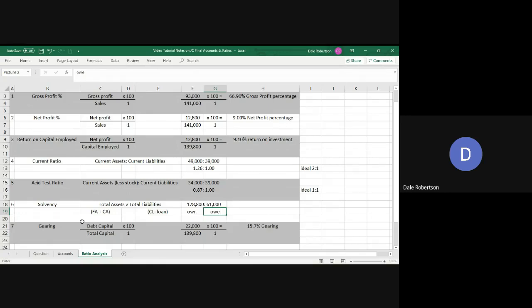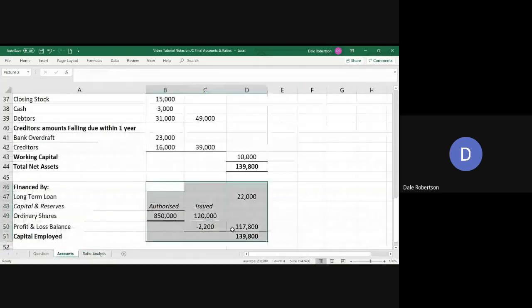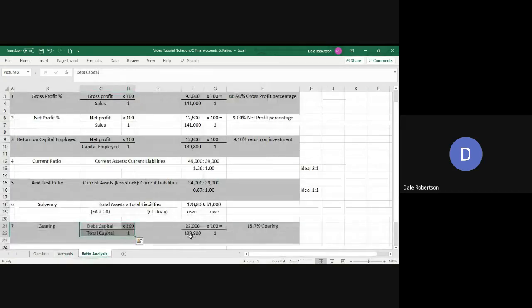And finally, gearing. Well, gearing is where you put your debt capital. We're just looking at the finance by section here. So we're just looking at this section of the accounts. And the debt capital is the money which is being borrowed, which in this case is just 22. And the overall capital is 139,800. So you put the 22 over 139,800 and you express that as a percentage.